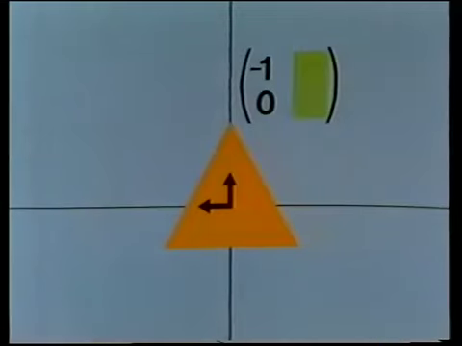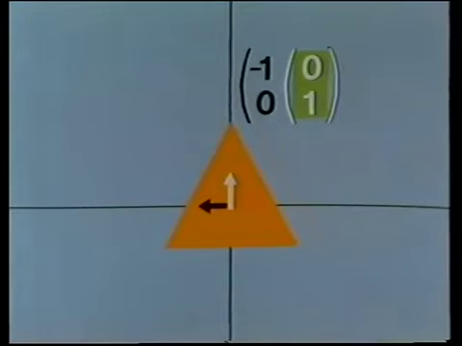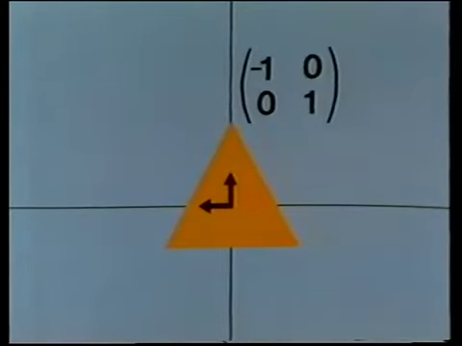Now for the second column. That's the image of the second basis vector, which hasn't moved. So this is the matrix corresponding to a flip about the vertical axis.